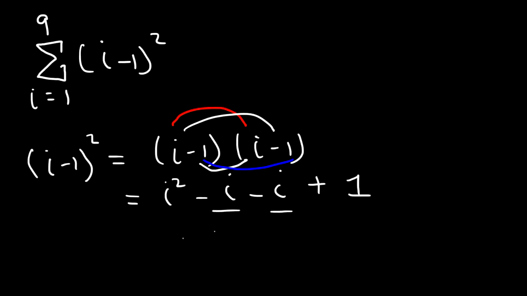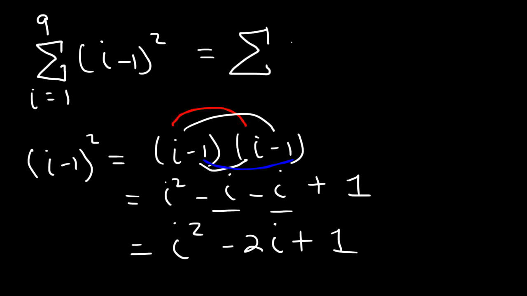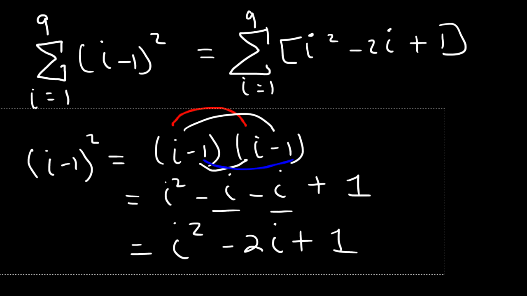So now let's combine like terms. So this becomes i squared minus 2i plus 1. So we can rewrite the problem like this. Now let's separate it into 3 separate sums.